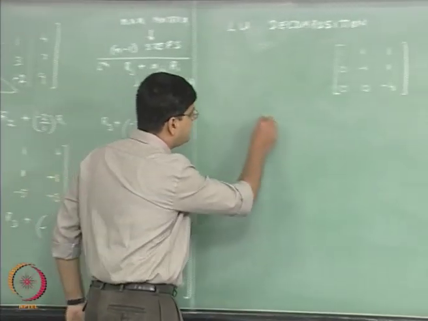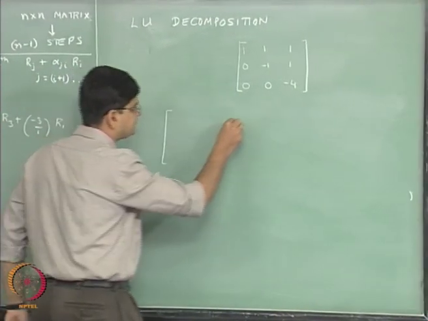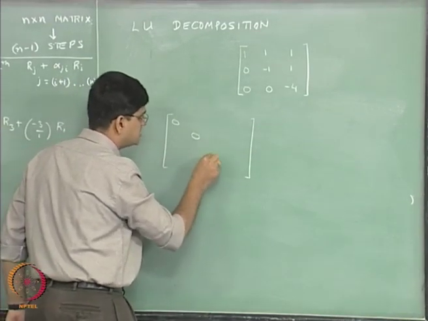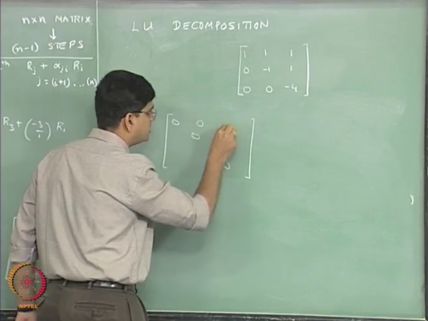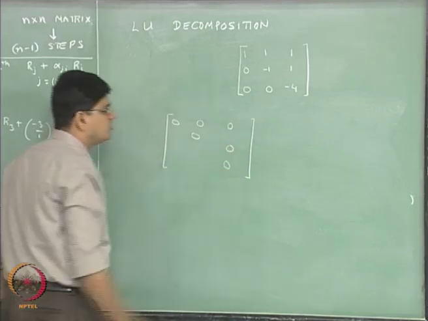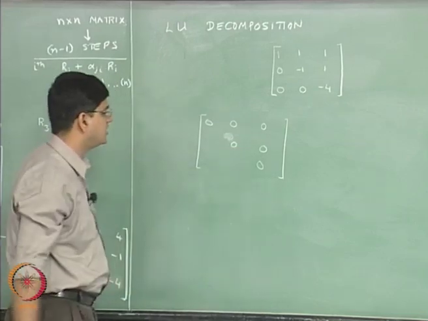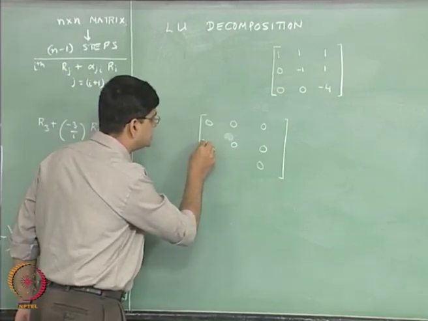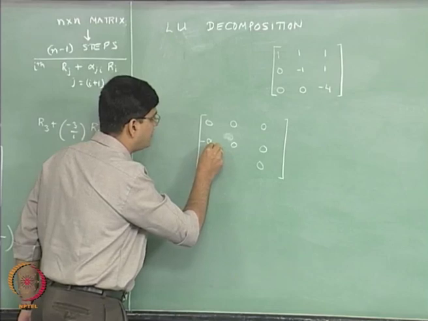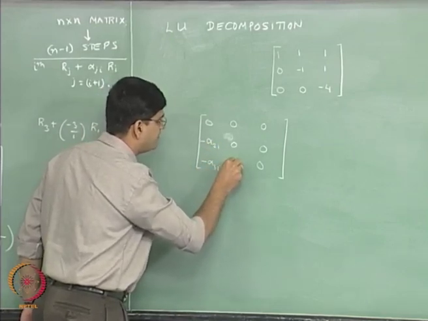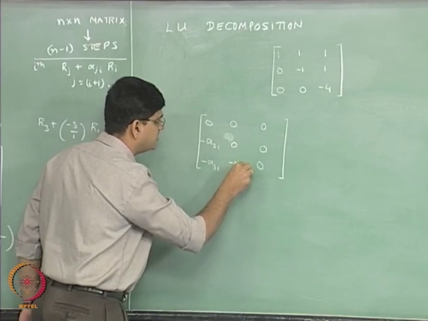Okay, and I will create a matrix which is going to be a lower triangular matrix, containing these alphas in the lower triangular elements, which I will write as negative of alpha 2 1, negative of alpha 3 1, negative of alpha 3 2.